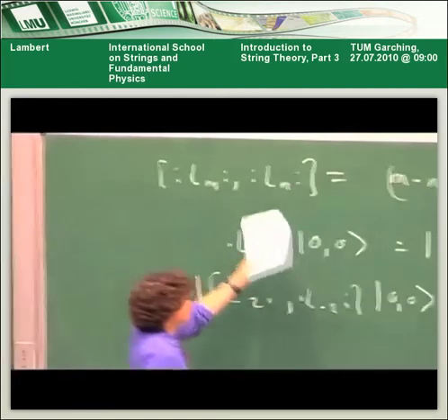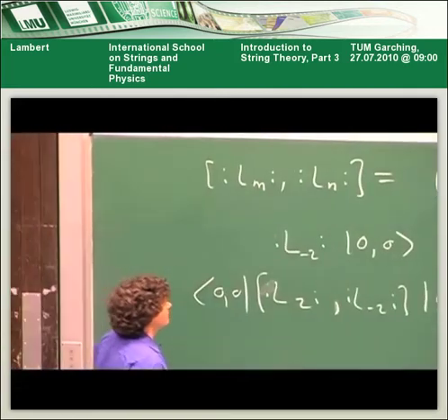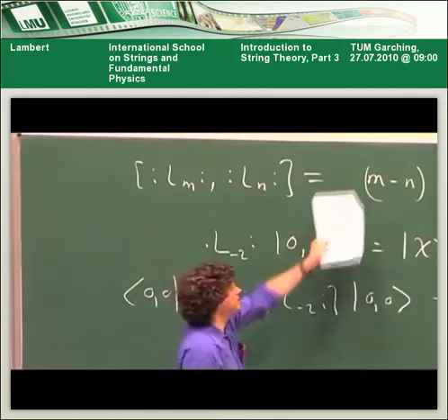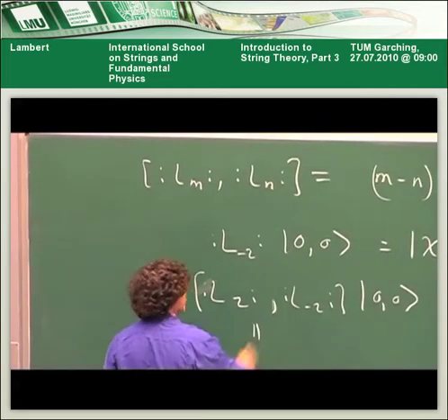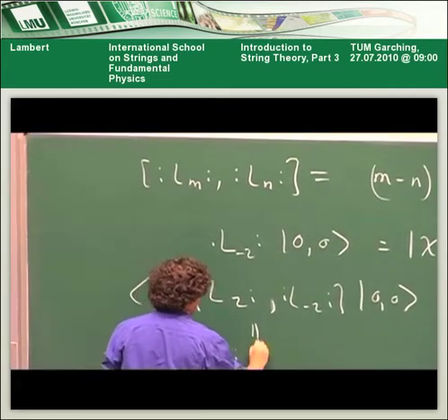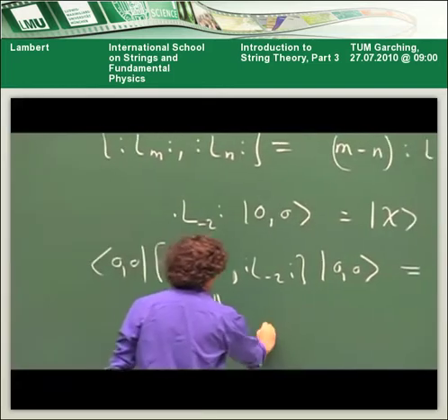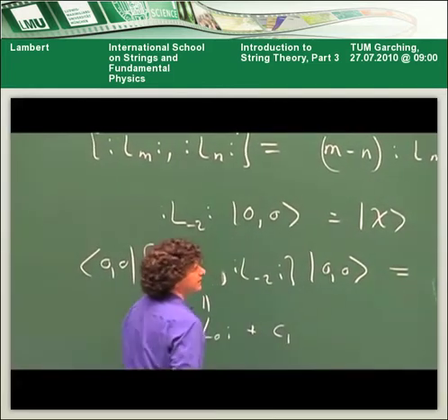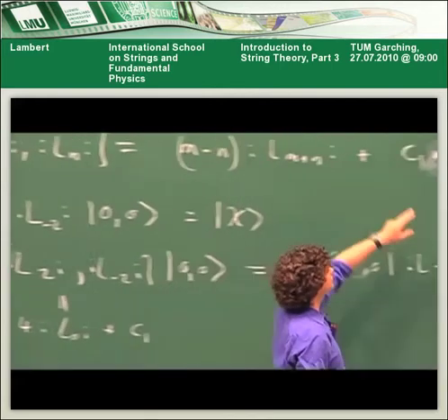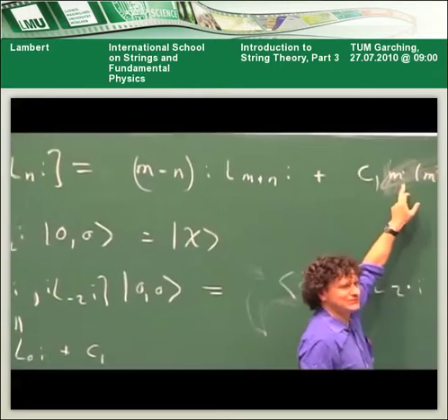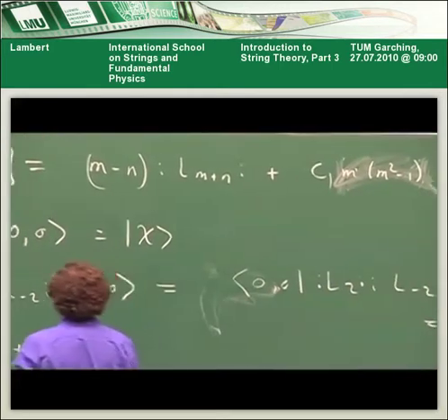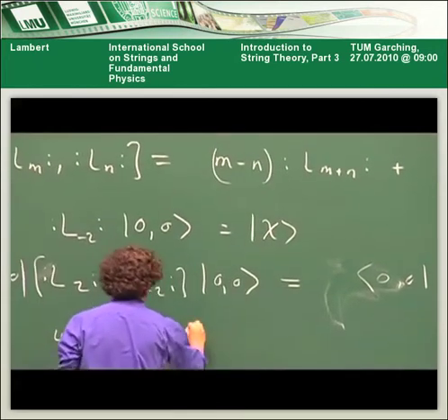On the other hand, you can use this algebra to evaluate it. What do you get? This, on the other hand, is equal to 4 L naught plus C1, and then m equals 2. So this is 2 into 3, 6. So 6.